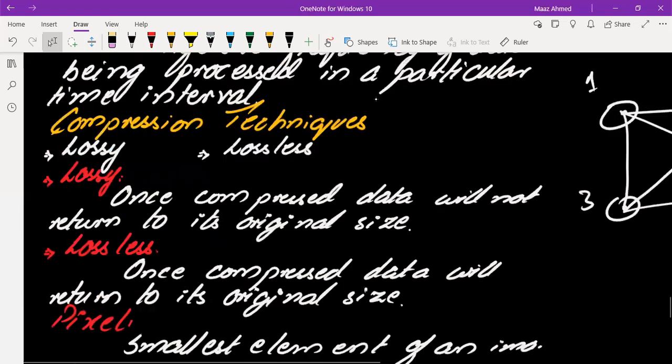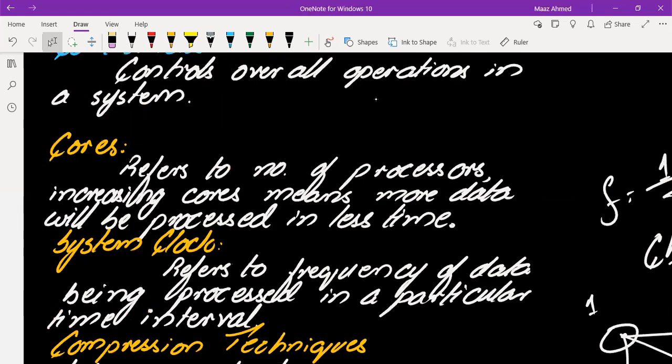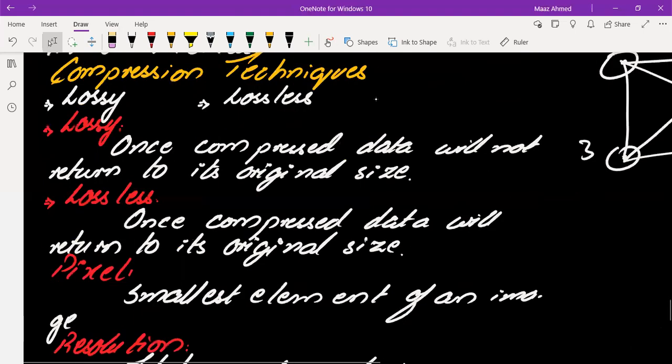Yes, sir. Okay, now I'm just skipping cores and system clock right now. We will be dealing with these things afterwards, okay? Now I'm coming towards the compression technique. Always remember that there are two different kinds of compression techniques: a lossy compression technique and a lossless compression technique. What do you mean by lossy compression?